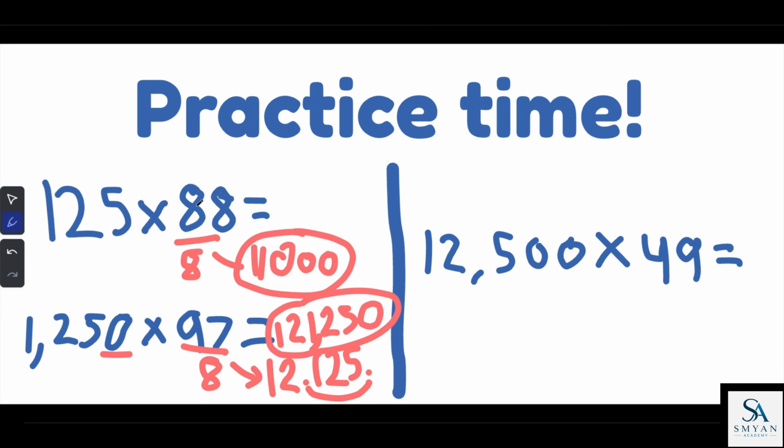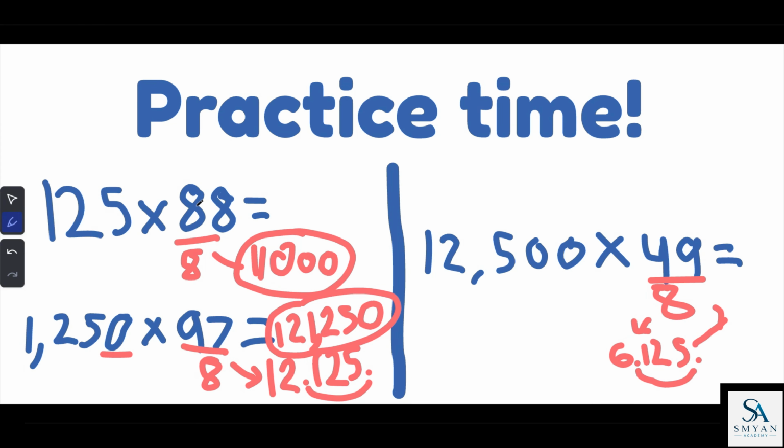And your next question is 12,500 times 49. Well, when you divide this value by 8, you should get 6.125, and then you shift the decimal point 3 times because you multiply by 1,000 and add 2 zeros to that value.